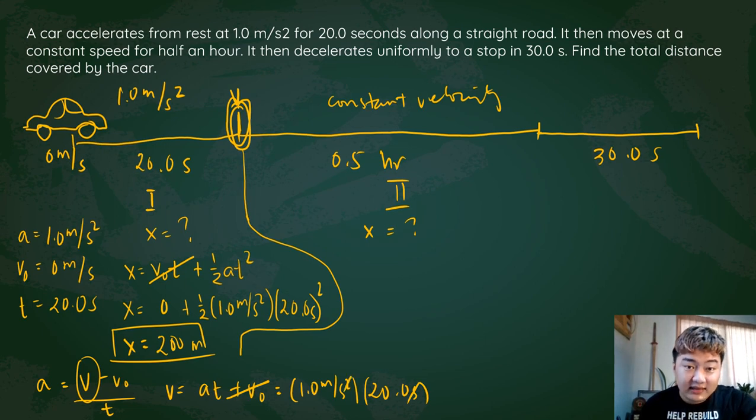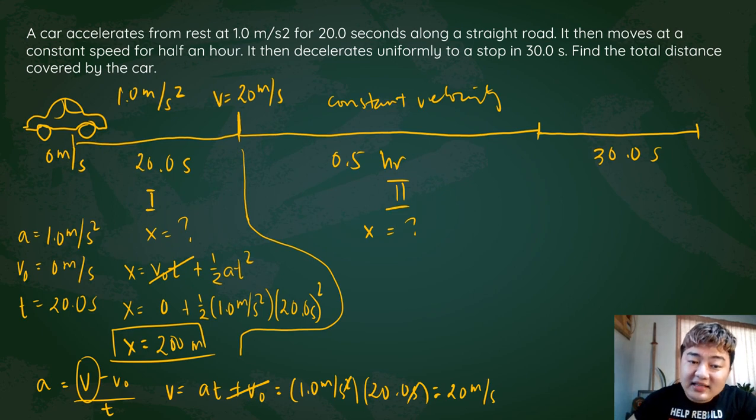The seconds cancel, leaving meters per second. Then 1 times 20 is 20 meters per second. Therefore, the velocity at this point is 20 meters per second.